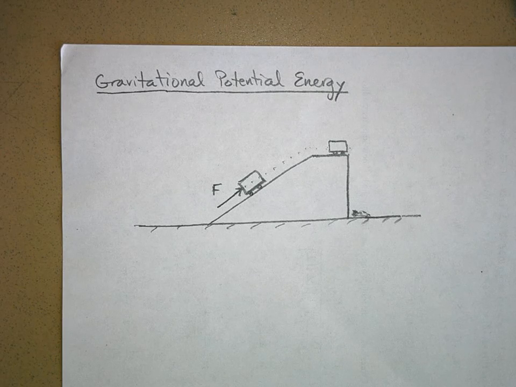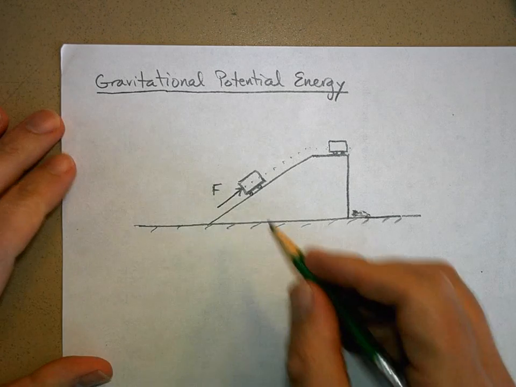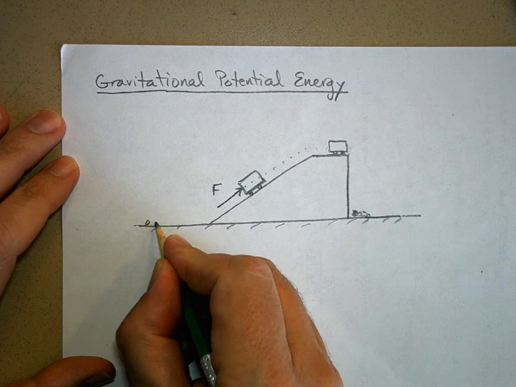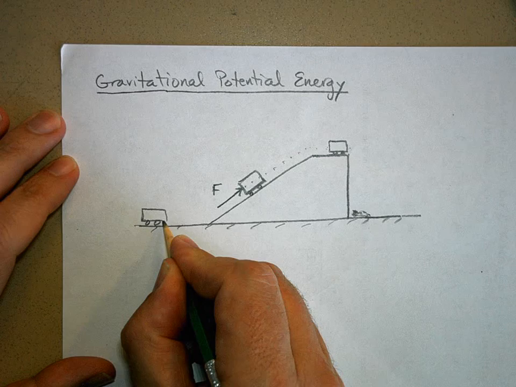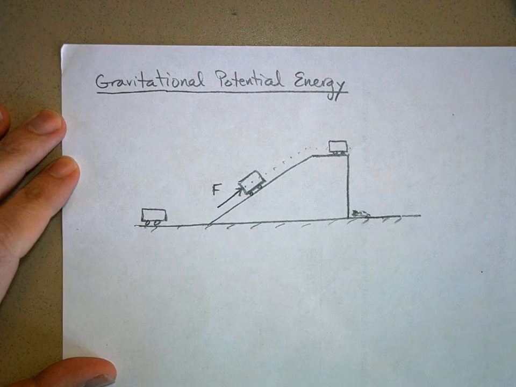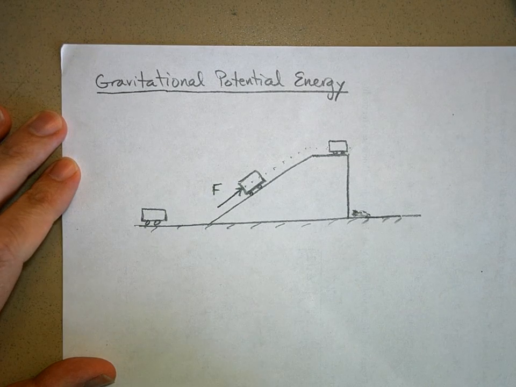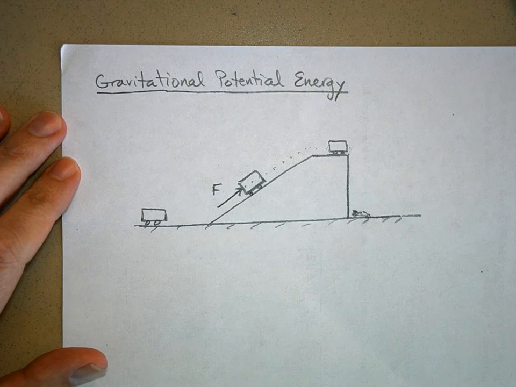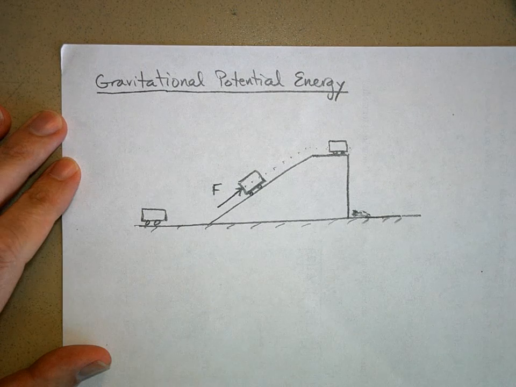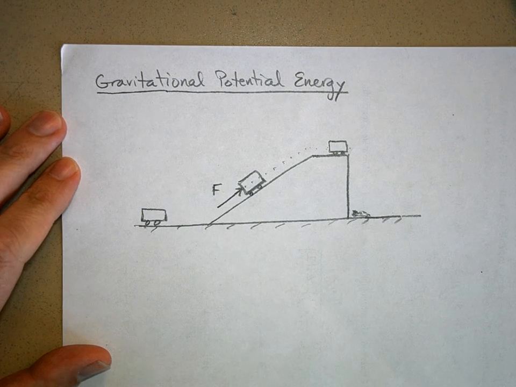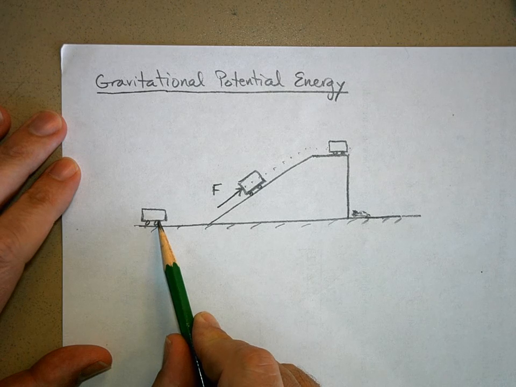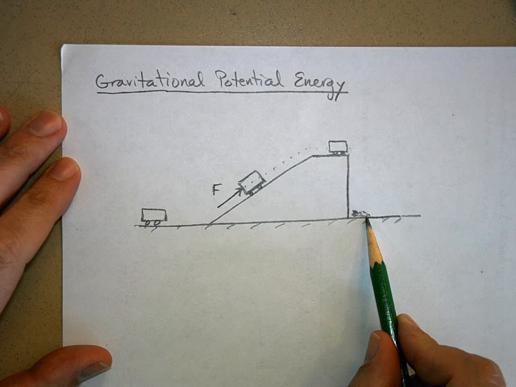Now when the crate was down here, it's at the same level as the cat, and it really can't do much to the cat. First of all, the cat is hiding on the other side of the ramp. But also, it's not moving, it's just sitting there.